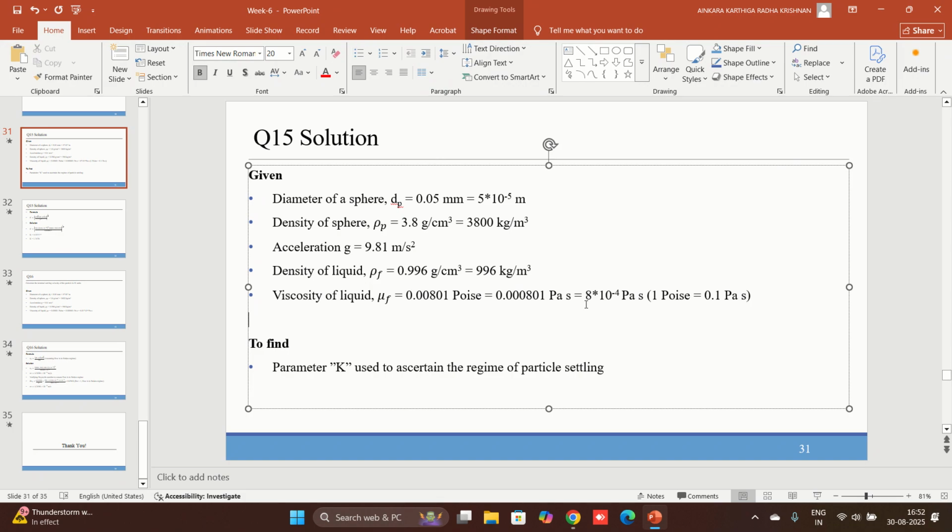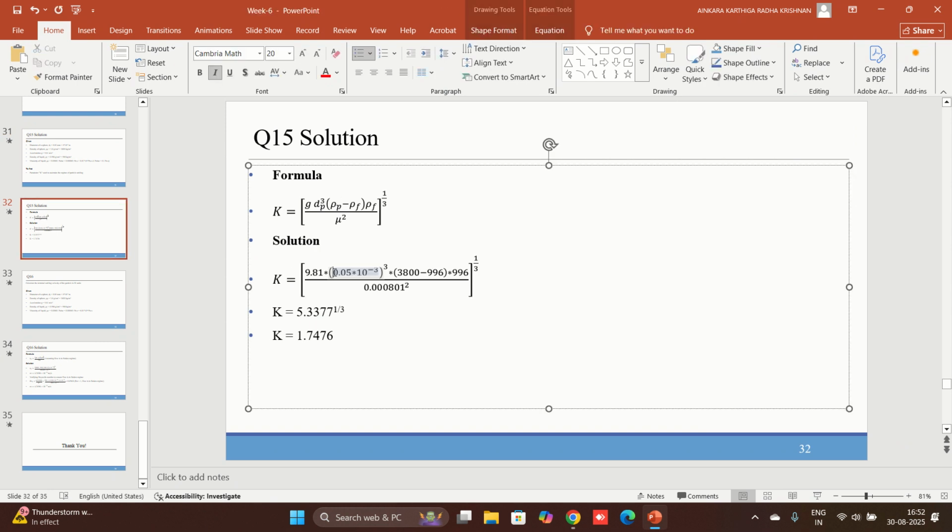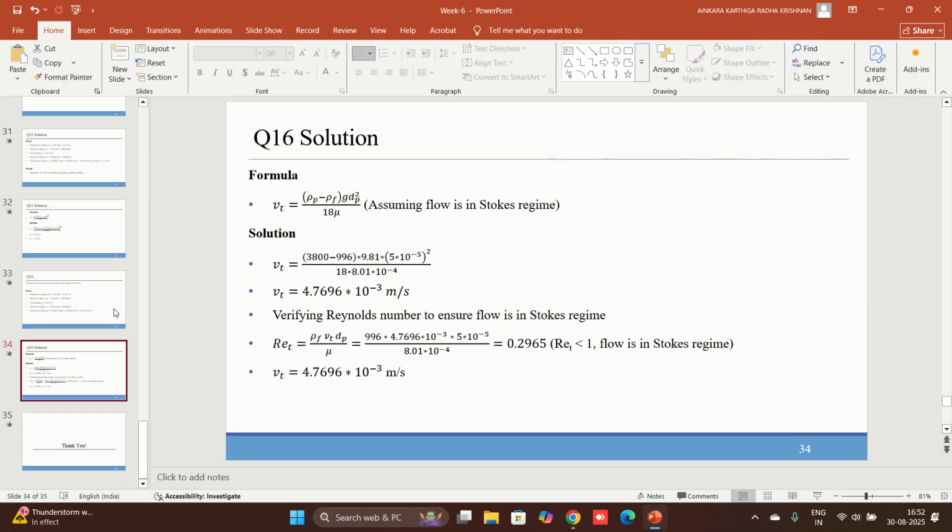Minus 4 Pascal second, 8.01. Everything else I guess is right only. 5 into 10 power minus 4. Let it remain, not an issue. Alright, that's it for today's session.